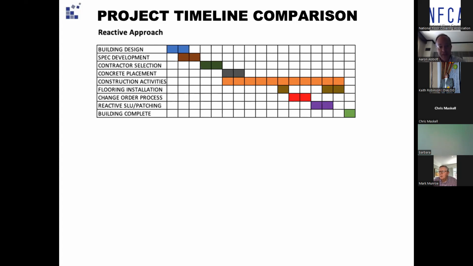Then oftentimes, reactive self-leveling or patching and smoothing of the concrete surface takes place. It can also be done by other methods, but self-leveling is often used. Then the floor covering installation resumes and finally completes, and then the building is complete.